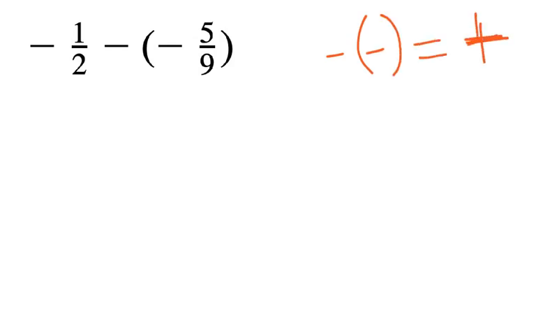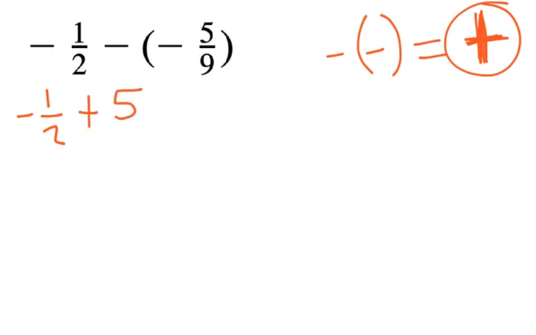I need to remember, minus negative equals plus. So how could I rewrite this without the minus and negative? I want to get rid of that minus and negative. So I'm going to rewrite it as negative 1/2 minus a negative, oh, that is the same as plus. So I'm going to write plus 5/9.